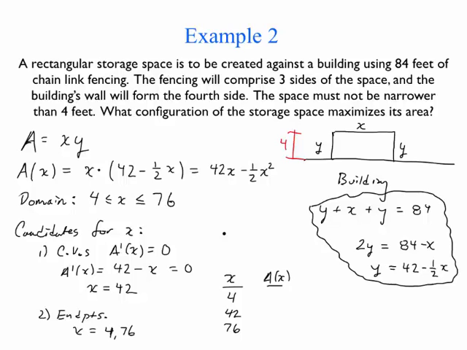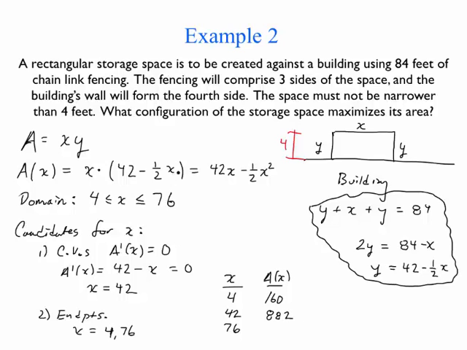A of 4 is 4 times 40. 160? Check my math. This would be 21 times 42. I'm not that good. What's 21 times 42? 882. That's what I was going to say.